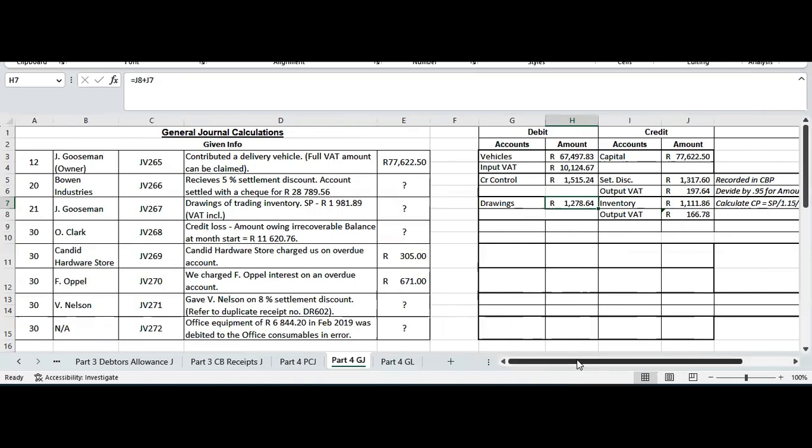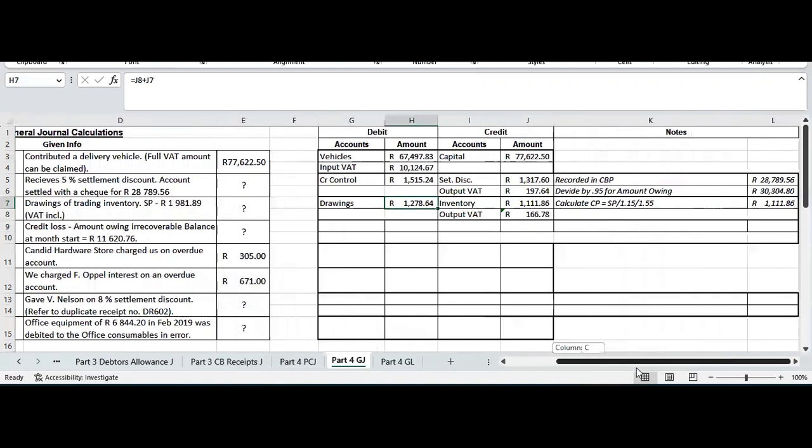So we know what our starting point was. If we want to calculate everything that he actually owes, we start with a balance, add purchases, subtract returns, and subtract any payments that we receive. That is the general formula.